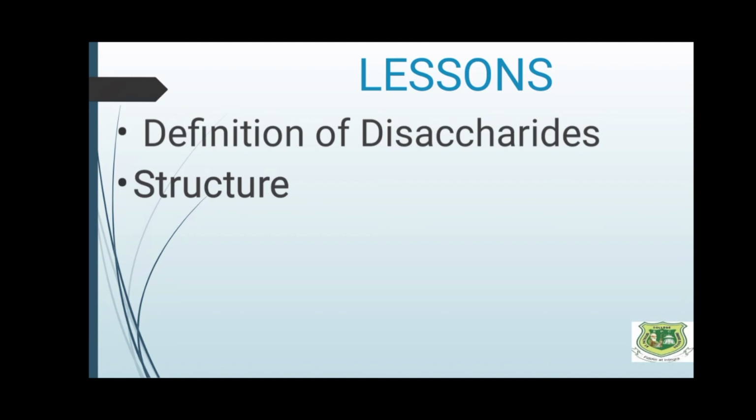The most common disaccharide is sucrose, while others include maltose and lactose. These forms of disaccharides are structural isomers with the same molecular formula, C12H22O11. What are isomers? You remember that isomers are organic compounds with the same molecular formula but different structural formulae.